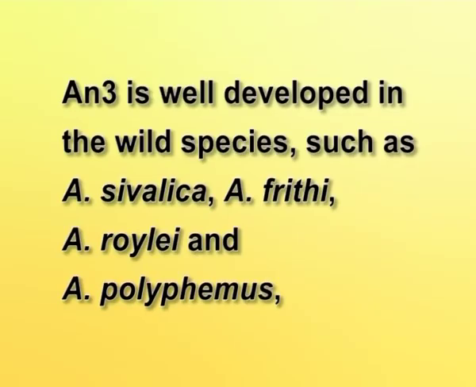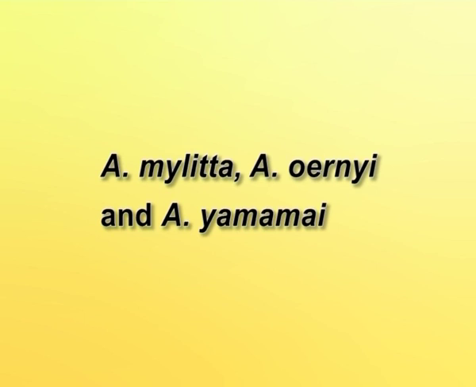AN3 is well developed in the wild species such as Antheraea sivalica, Antheraea frithi, Antheraea royale and Antheraea polyphemus, and is less developed in the semi-domesticated species such as Antheraea mylitta, Antheraea perni and Antheraea yamamai. The semi-domesticated Antheraea assama, however, has a well-developed AN3.